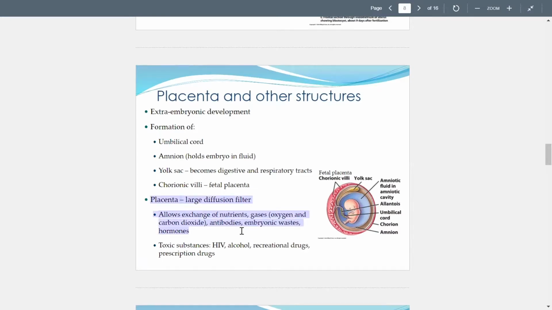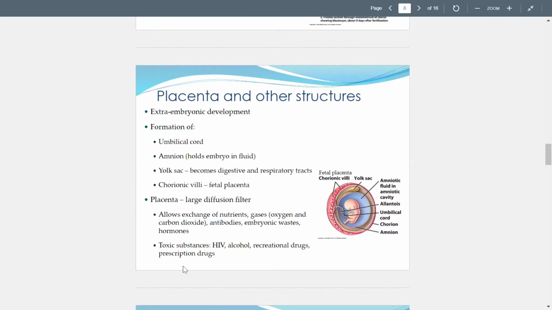She also put a lot of information on the placenta. Just know that it's a large diffusion filter. It allows the exchange of nutrients, gases, and antibodies. If you remember antibodies, things that fight antigens. Also embryonic waste and hormones from the mother and the child.